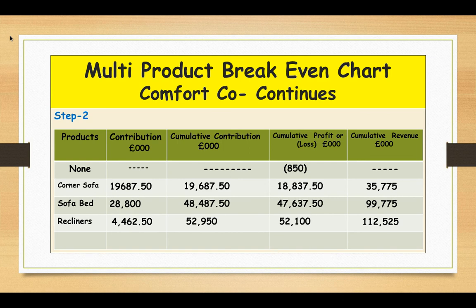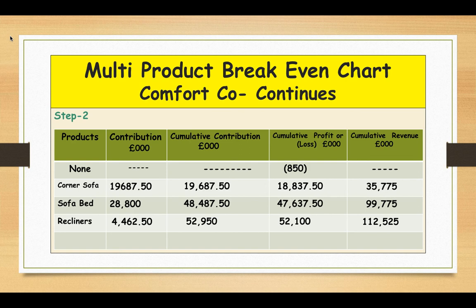So we know the corner sofa is 35,775,000 plus the sofa beds. The sofa bed sales is 64 million. So if you add them together, you will get 99,775,000 pounds.